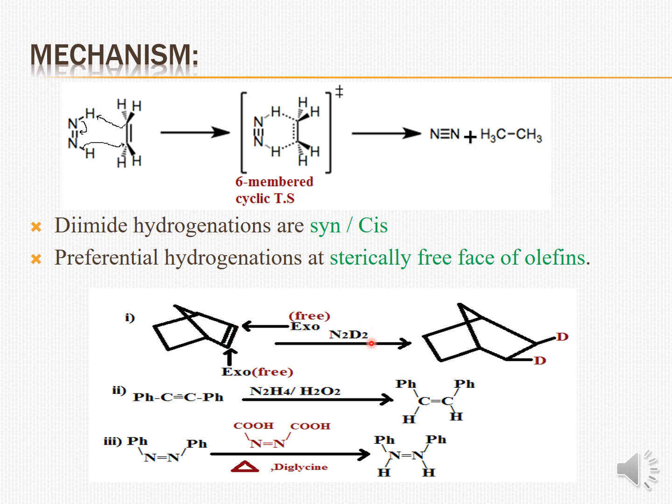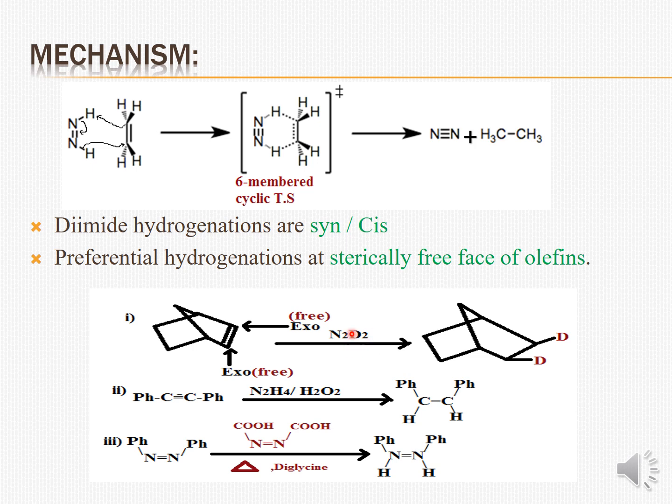So if you are treating it with N2D2, the deuterium compound, this alkene gets deuterated, and this bond is getting reduced by the formation of two bonds over here by the addition of D, deuterium, rather than hydrogen.